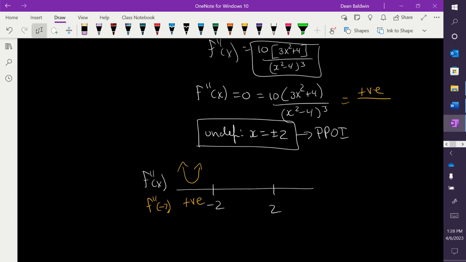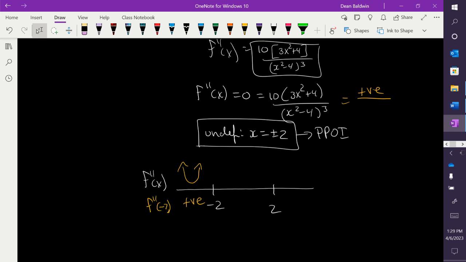All right. The second interval is about as easy as it's going to get. What is the number that is screaming at you to put in? 0, right? You can pick any number you want from -2 to 2, but 0 makes it easy. We already know the top is always positive. If I put 0 into the denominator, 0 minus 4 is negative.